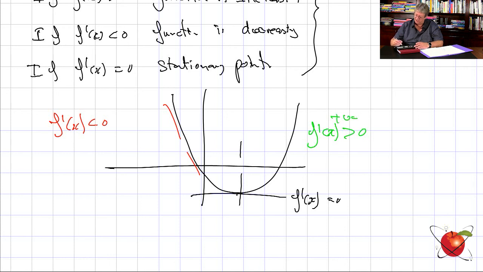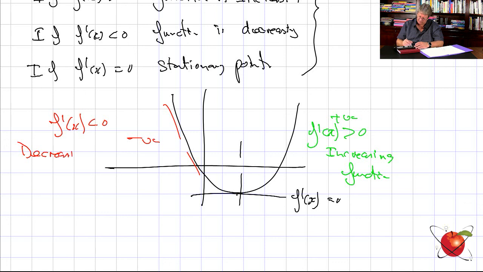It's positive. Therefore, this is an increasing function. And the opposite side, the red side, I say this is negative. Therefore, it's a decreasing function. And you can do that with pretty much anything.